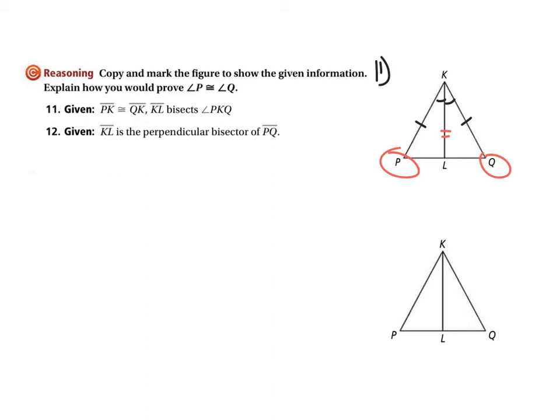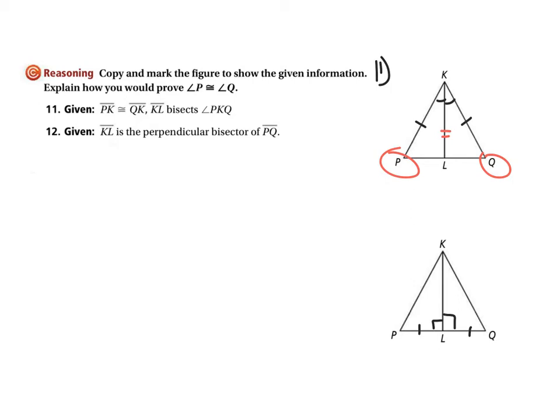And for the next one, we would say, okay, KL is the perpendicular bisector of PQ. When you have a perpendicular bisector, you have a couple of things that we know from that. We know that the angles there are right angles, and we know that this PL is congruent to that QL. My video stopped for a second there. So this is what's given to us.